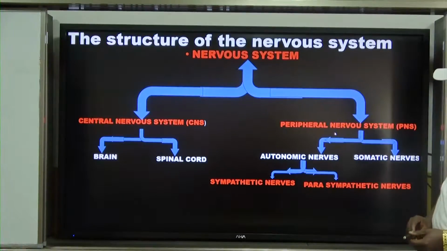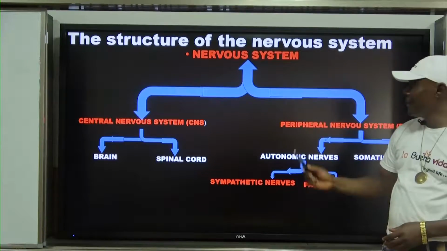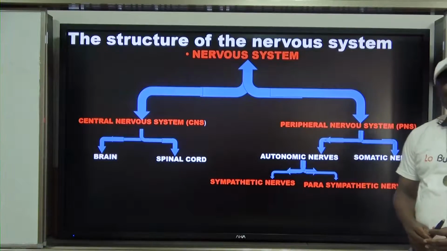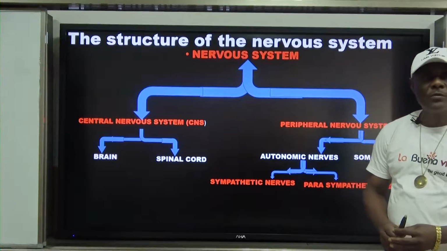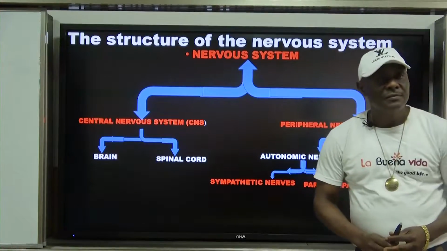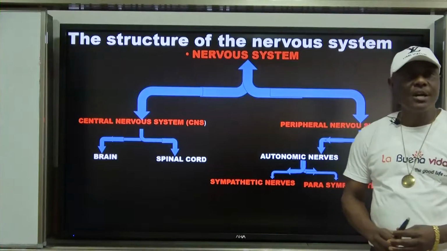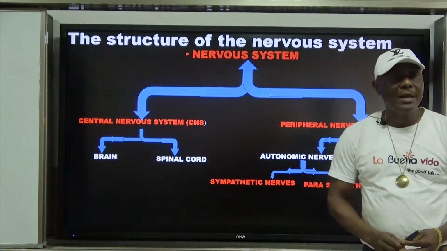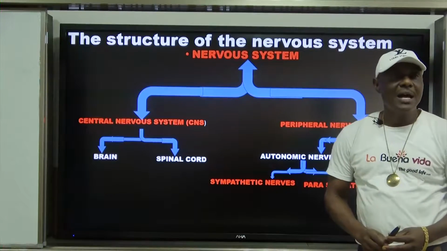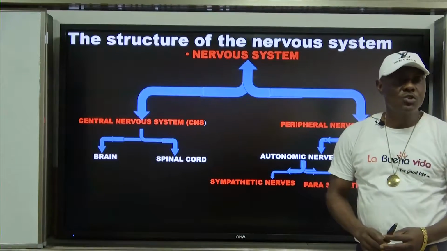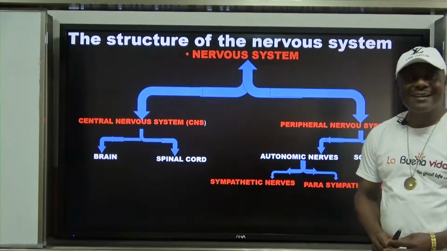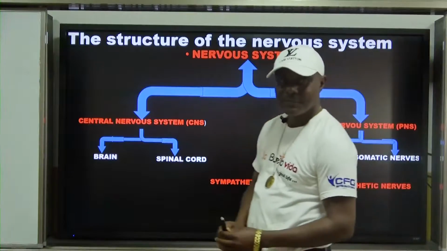The central nervous system is made up of the brain and the spinal cord, while the peripheral nervous system is made up of the somatic nerves and the autonomic nerves. The autonomic nerves is further divided into two and is made up of the sympathetic nerves and the parasympathetic nerves.